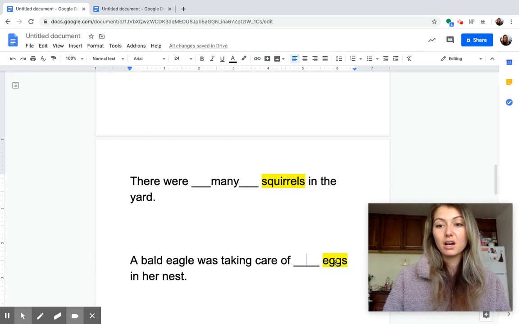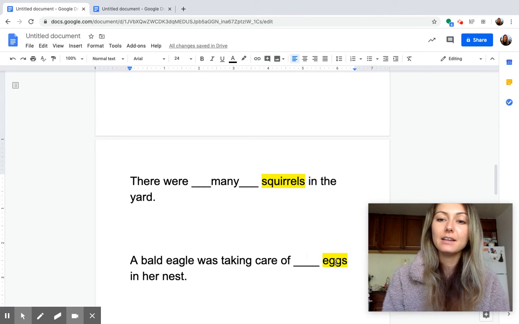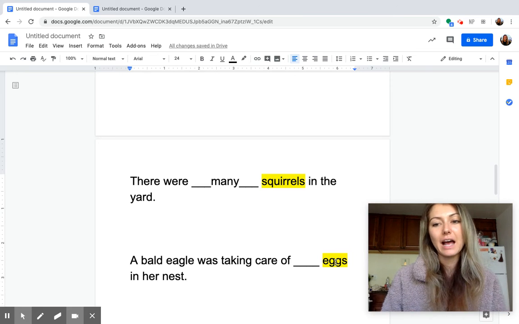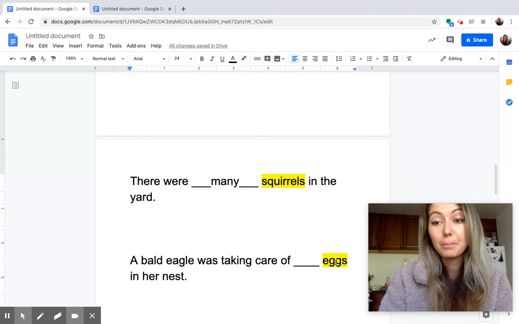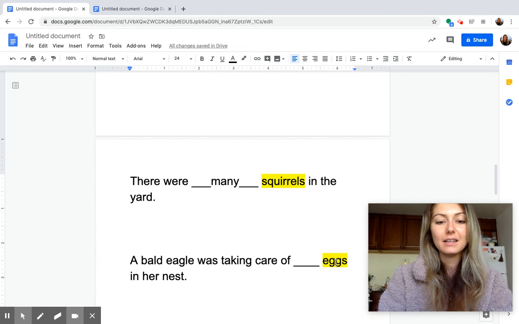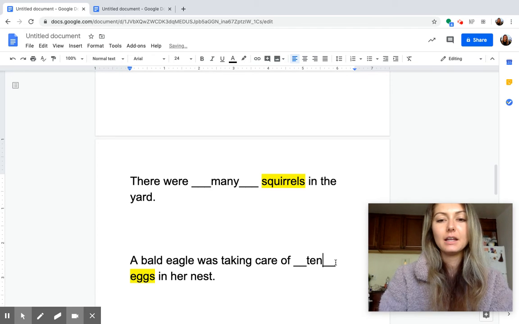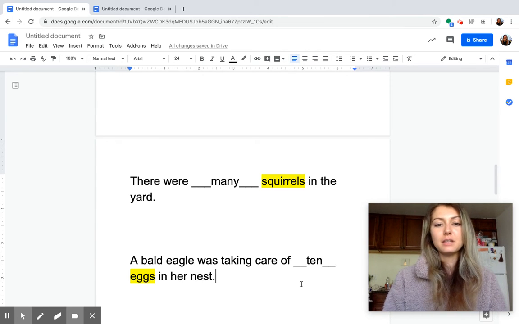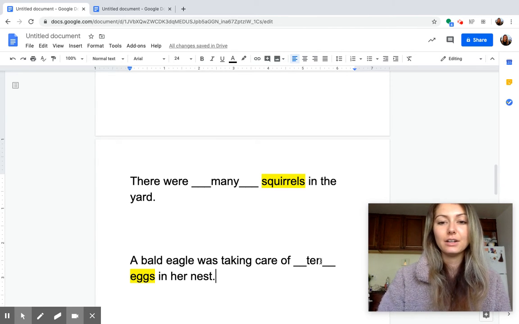We could also talk about maybe the color of the eggs. We could even talk about how delicate the eggs are. So there's many different adjectives we could use here. A bald eagle was taking care of, I'm going to use a number here. I'm going to say that there were 10 eggs. A bald eagle was taking care of 10 eggs in her nest.